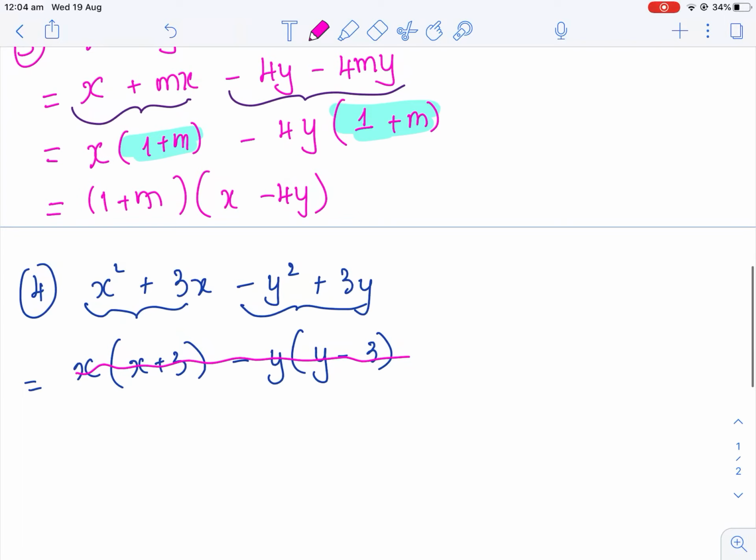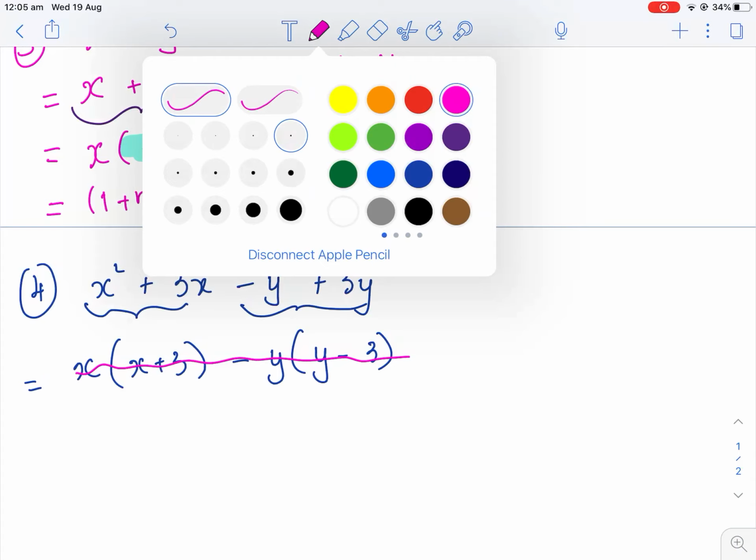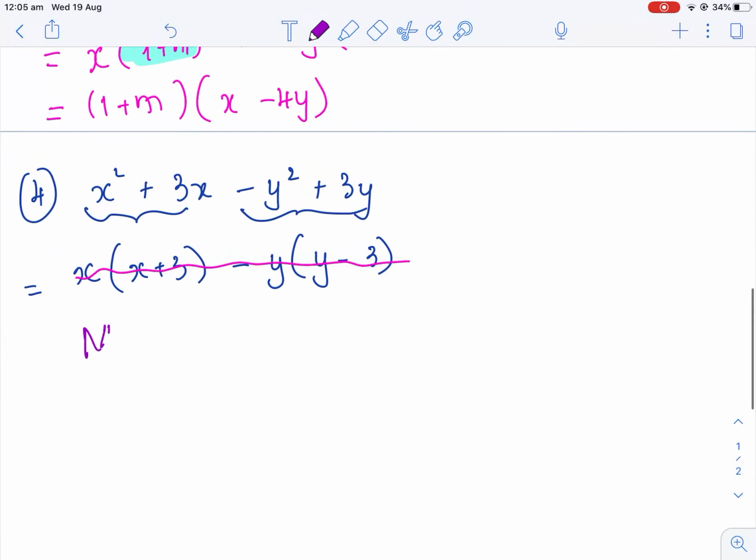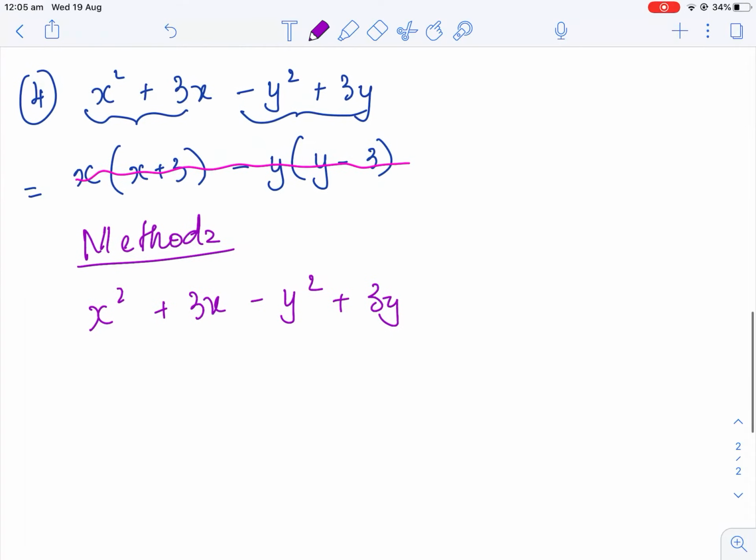All right, let's think about the difference of perfect squares. Look, this one combined with this one can be a difference of squares. We can apply the difference of squares formula in this one. So I just try method 2. Actually, method 1 doesn't work. The question is x squared plus 3x take away y squared plus 3y.